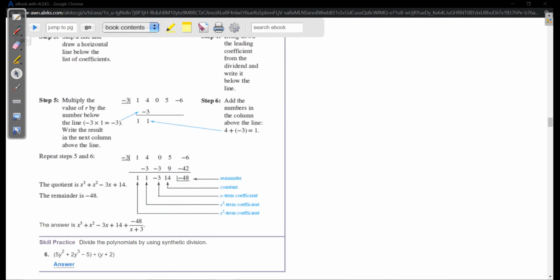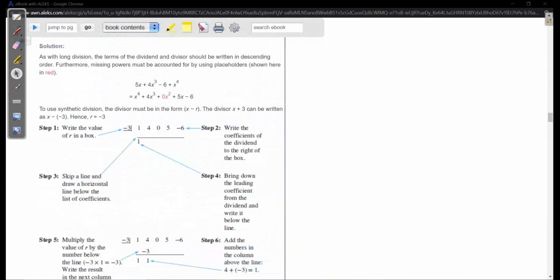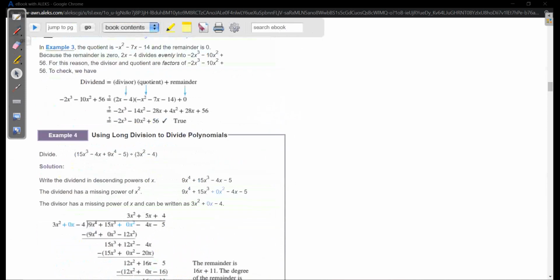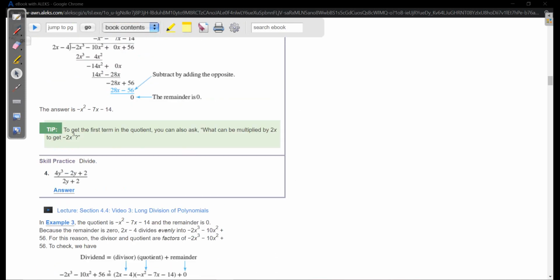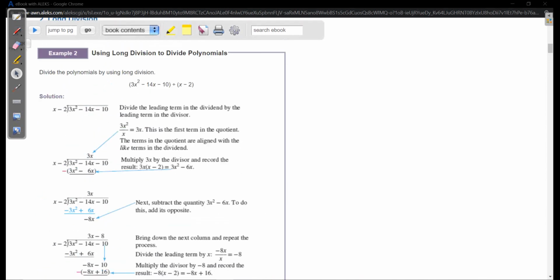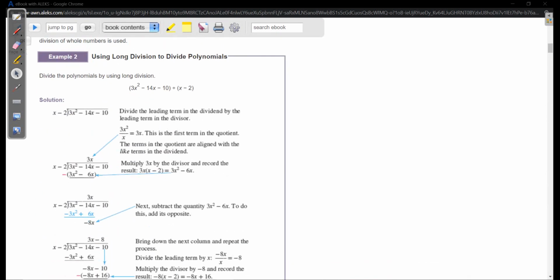I'll do example 6 later, but I'm going to jump straight to example 2. Notice how long it is. It's very long. Instead, we're going to do synthetic division on this particular problem. So let's go ahead and snip this real quick.